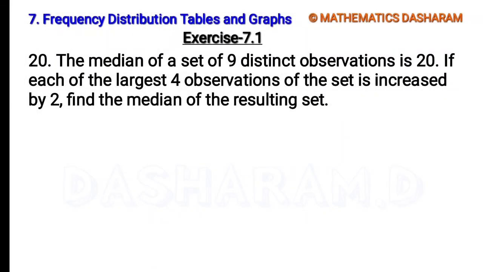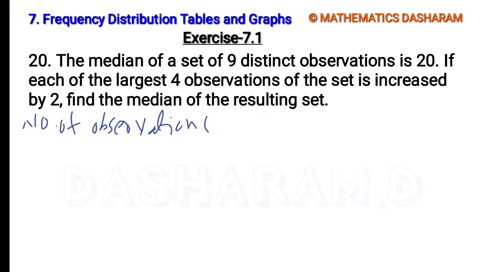Next, the last question in this exercise. The median of a set of 9 distinct, meaning different, observations is 20. So 9 different observations, median is 20. If each of the largest 4 observations of the set is increased by 2, find the median of the resulting set.